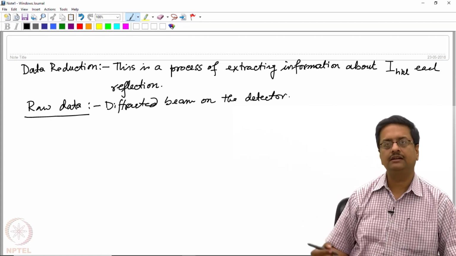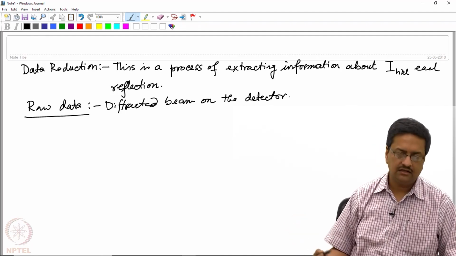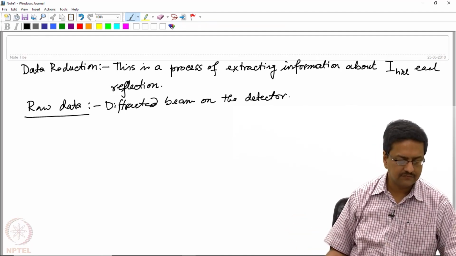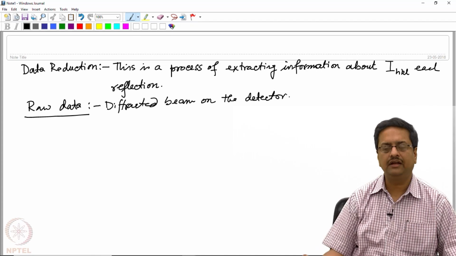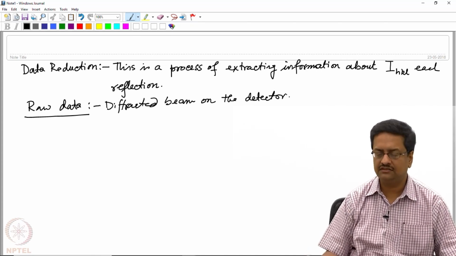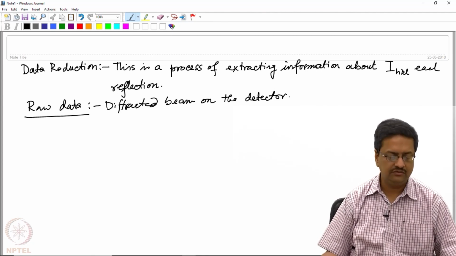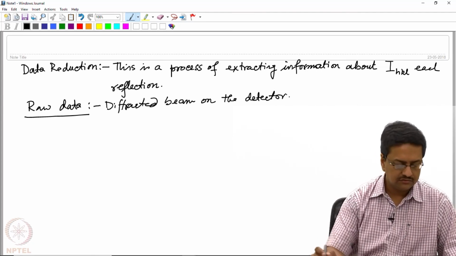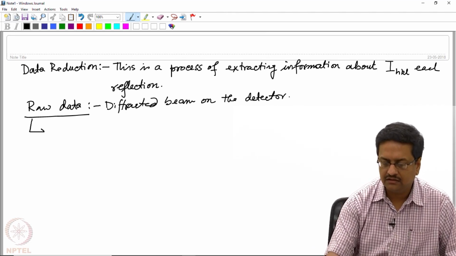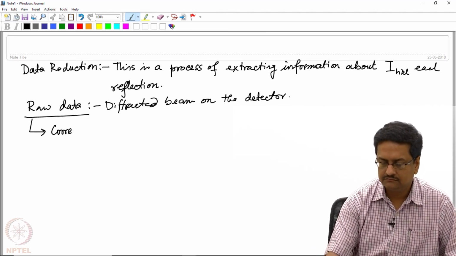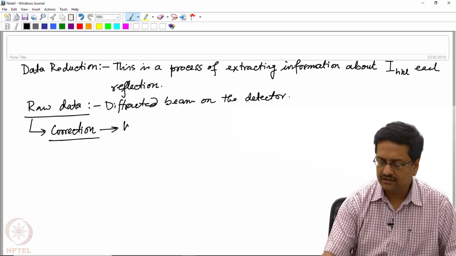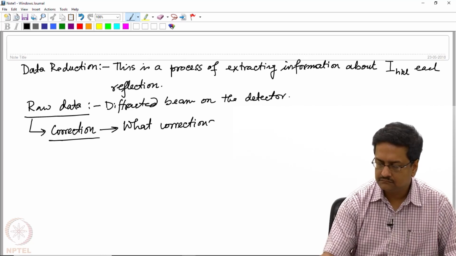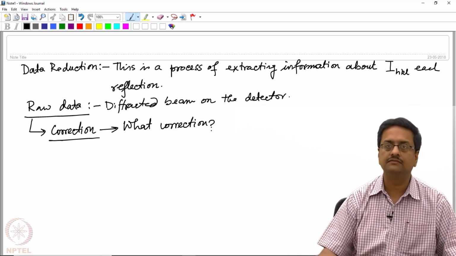The diffracted beam intensity is then corrected for various aspects, because these diffracted intensities are affected by different physical properties related to the diffractometer, related to the crystal and so on. So the raw data needs correction. What corrections? The corrections are of different types.